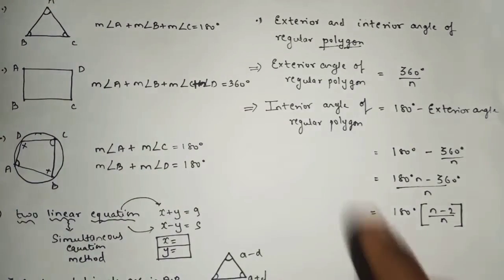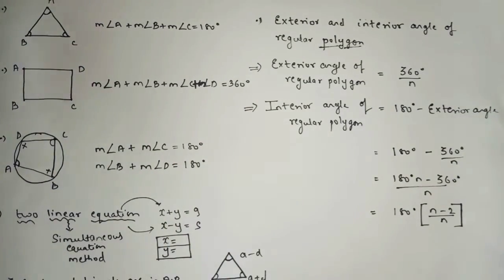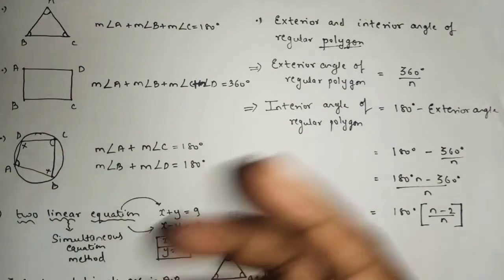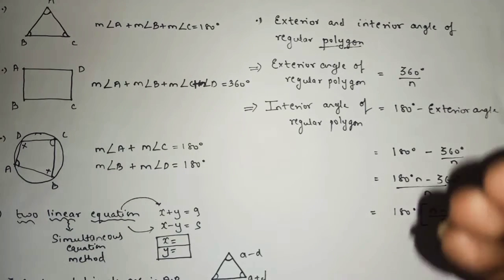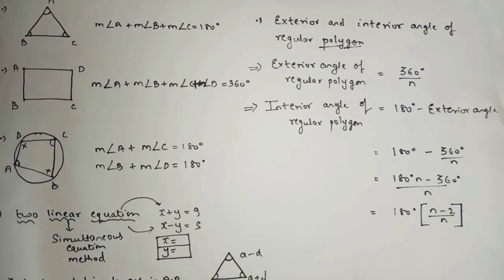Poly means many, gon means sides. So a regular polygon has more than four angles and sides, like pentagon, hexagon, octagon, nonagon, decagon, and so on.